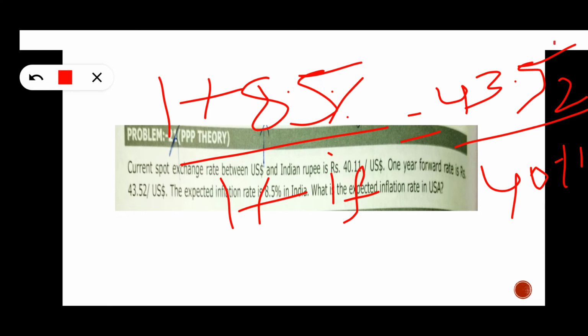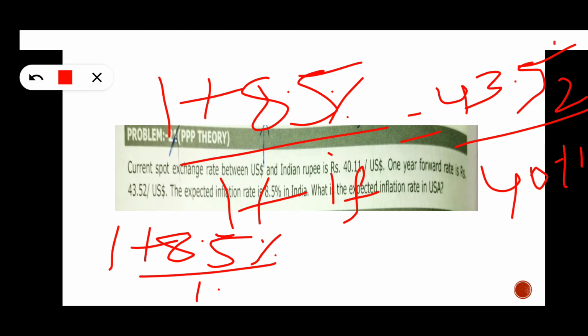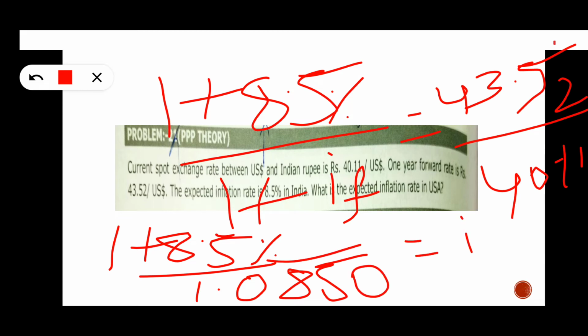When we bring it to the denominator, 1 plus 8.5% divided by 1.0850 equals 1 plus IF. When we use this, the inflation rate is 0. That means the inflation rate in USA should be 0 for the forward rate of 43.52.